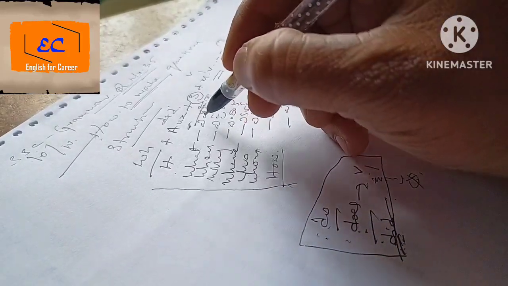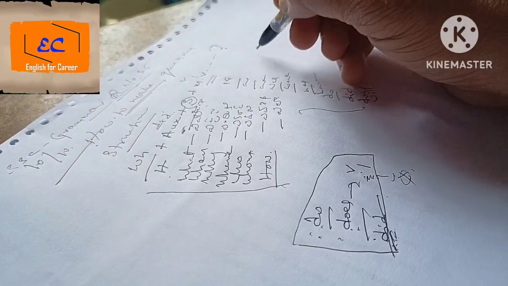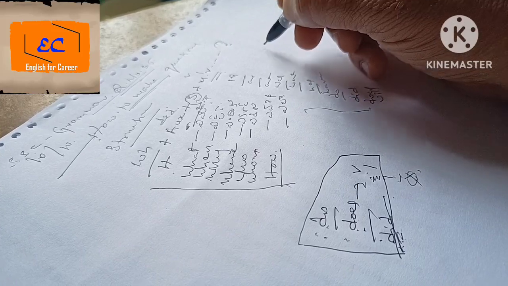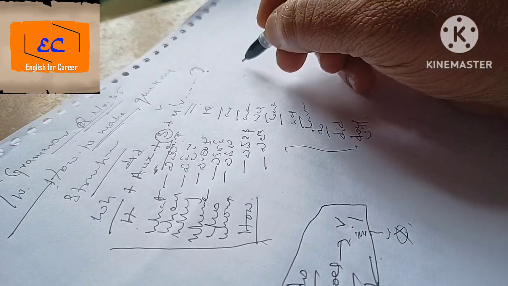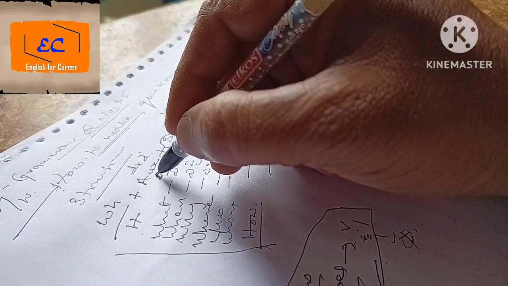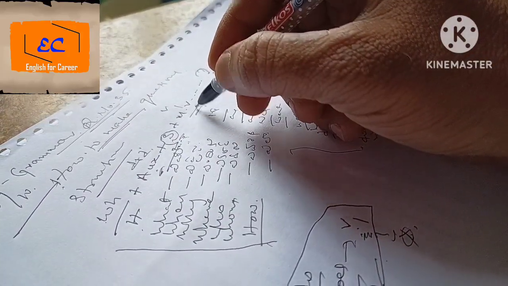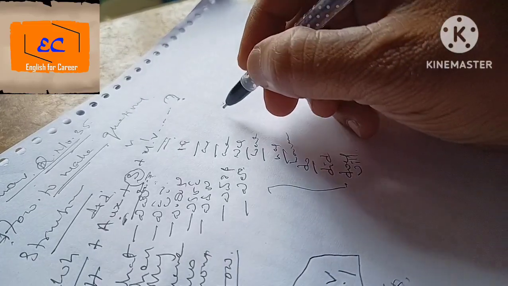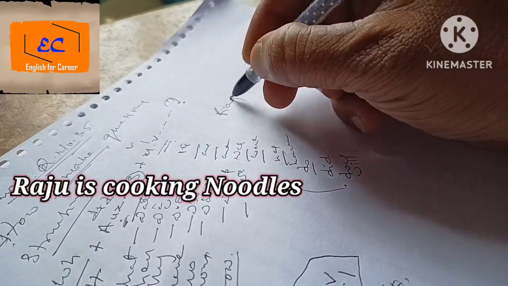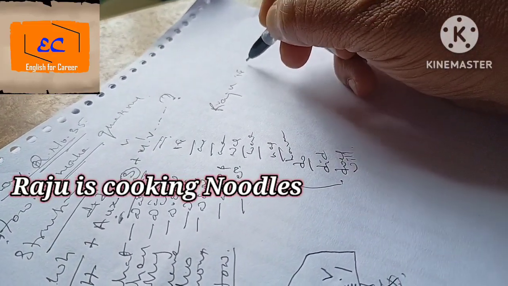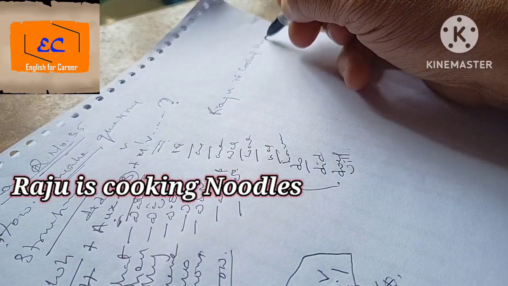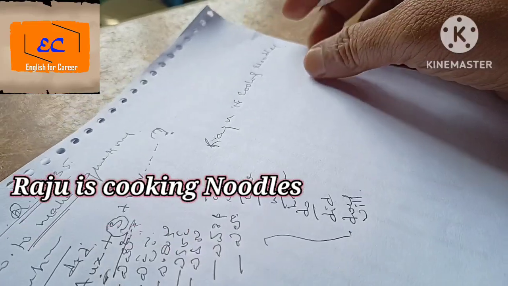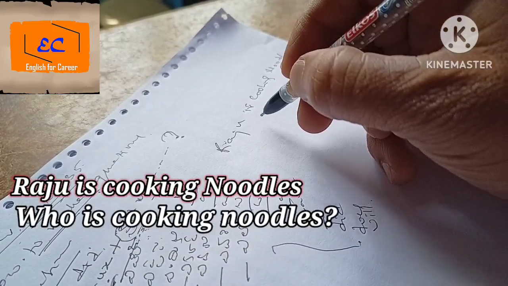Suppose you take a present continuous sentence, like is walking, then is will be here, walking will be here. For example, Raju is cooking noodles.